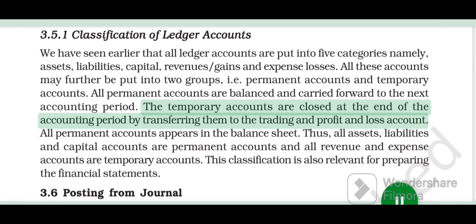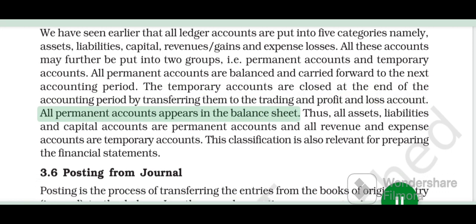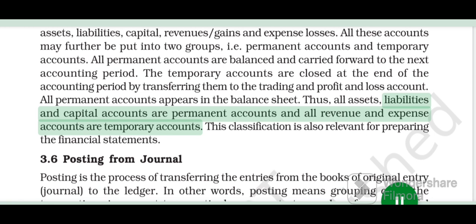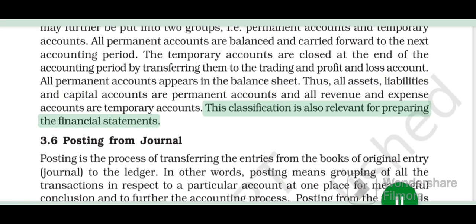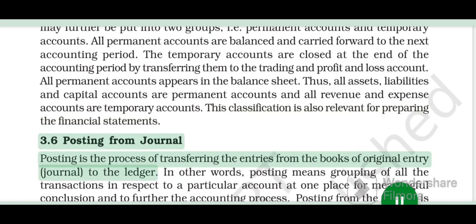The temporary accounts are closed at the end of the accounting period by transferring them to the trading and profit and loss account. All permanent accounts appear in the balance sheet. Thus, all assets, liabilities and capital accounts are permanent accounts and all revenue and expense accounts are temporary accounts. This classification is also relevant for preparing the financial statements.